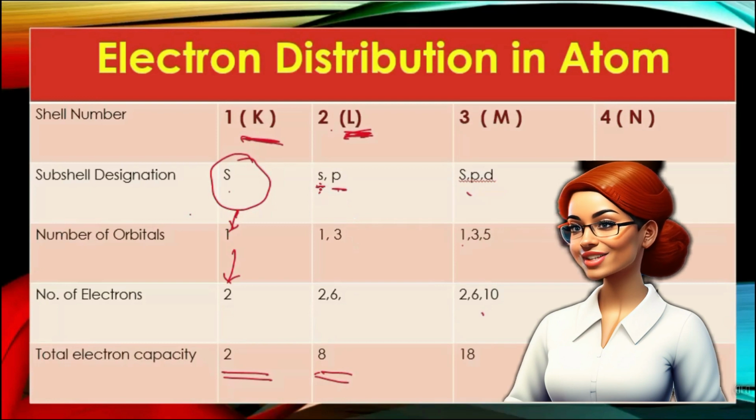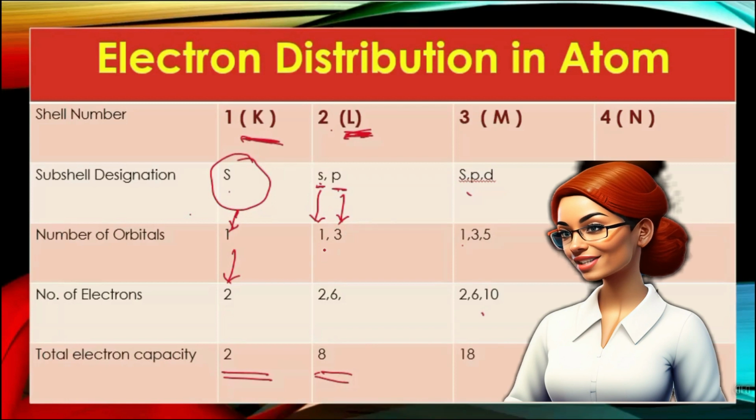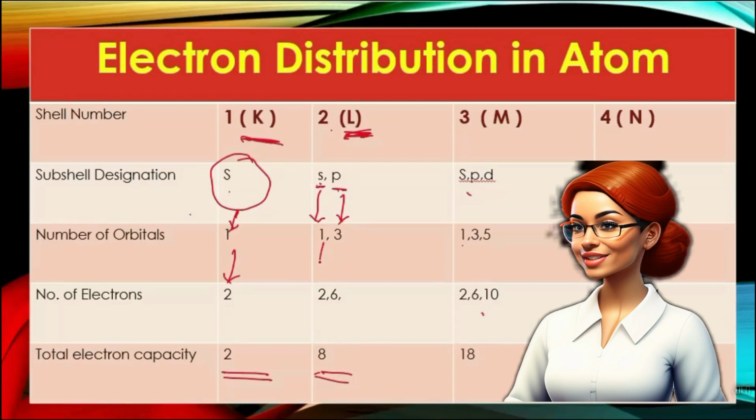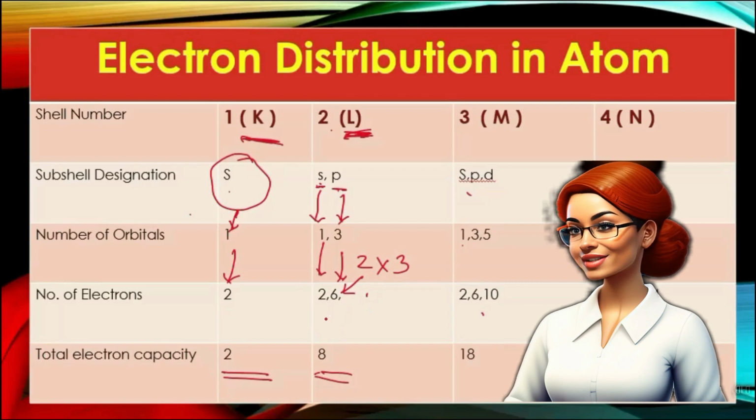The L shell has 2 subshells, S and P. The S subshell has 1 orbital and it holds 2 electrons. The P subshell has 3 orbitals, each orbital has 2 electrons, thus P has a total of 6 electrons. In this way the L shell holds 2 plus 6 equals 8 electrons.